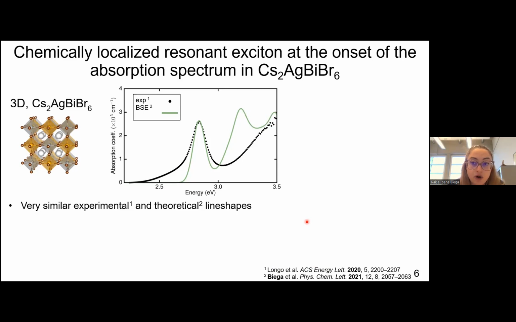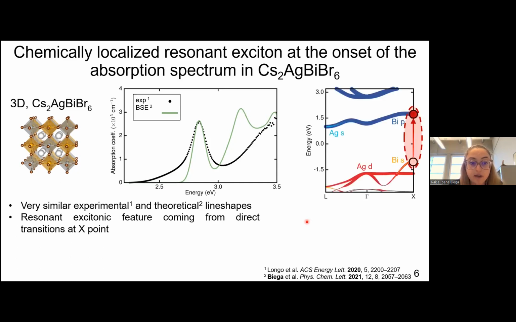We can also analyze the spectrum that we get in more detail, and we see that the excitonic peak here comes from direct transitions between the valence and the conduction band at the X point in the Brillouin zone. And this is a resonant excitonic peak.